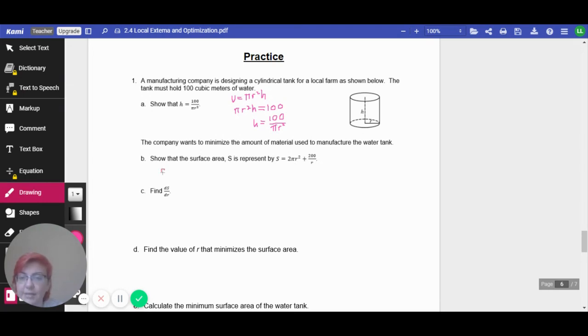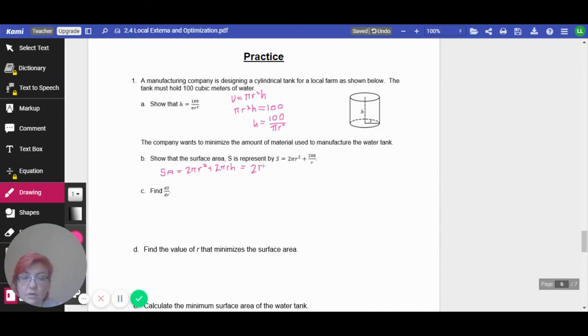We can do that because we know that surface area equals 2 pi r squared plus 2 pi r h. However, we know that h is 100 over pi r squared, so we're going to substitute that in.